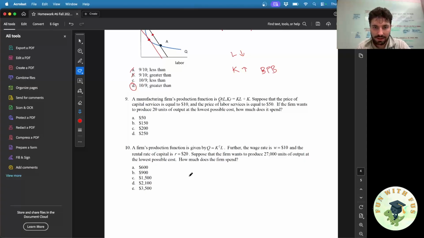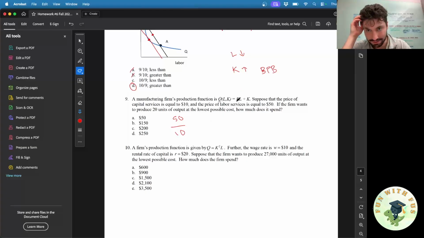Suppose that the price of capital services, okay, what is this saying? What I am noticing is, suppose that the price is equal to 10. Well, it seems to me like labor just kind of sucks. But maybe I'll just plug and chug. What they give you is the price of capital, and so they give you 5/10, which is the MRT.